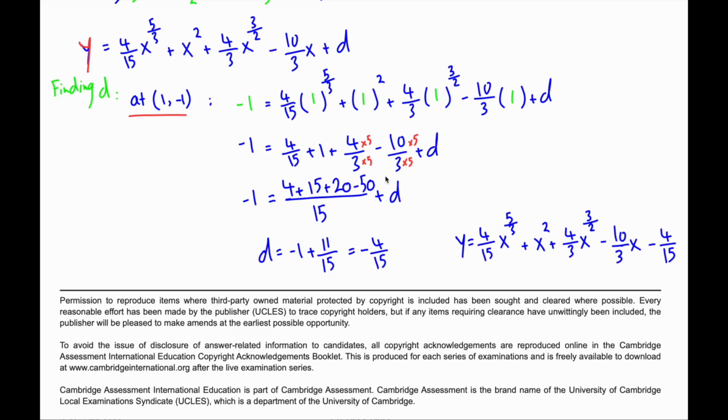And the summation of all these turns out to be -11/15, which when you bring it to the other side becomes +11/15. With this -1, that adds up to -4/15, and that is the constant, and this is the equation of the curve.